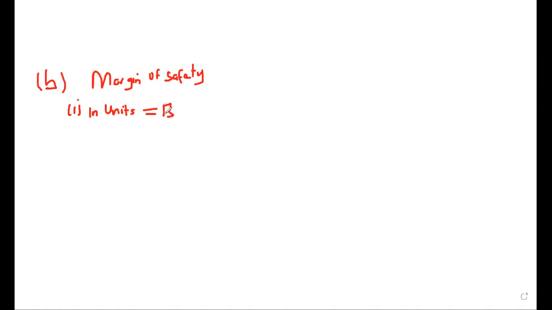Note that margin of safety is calculated by subtracting break-even point units from the budgeted sales units. So budgeted sales units.